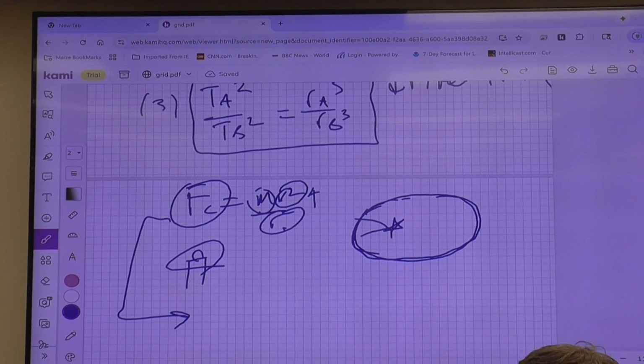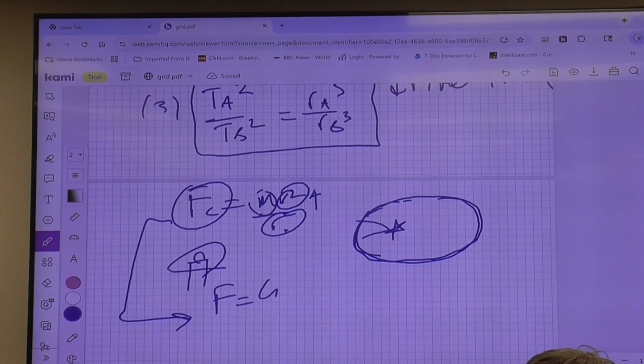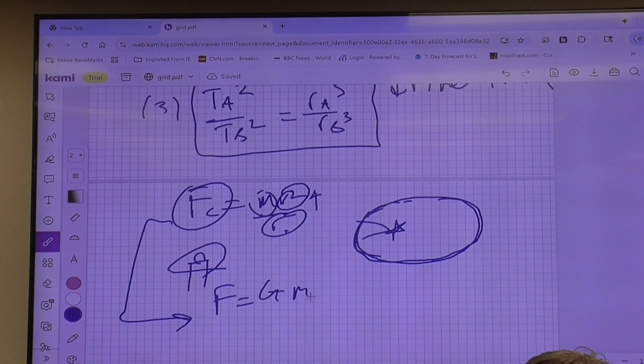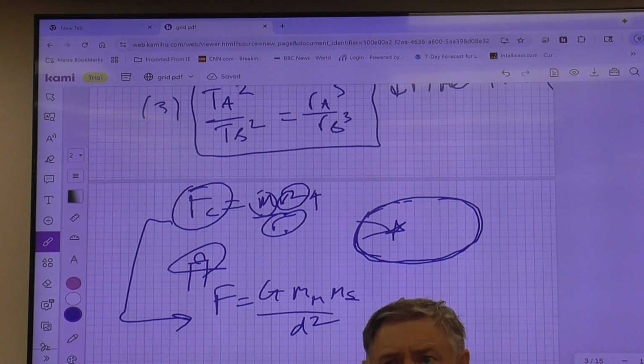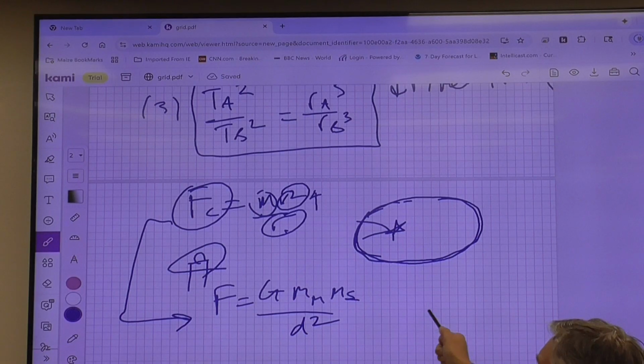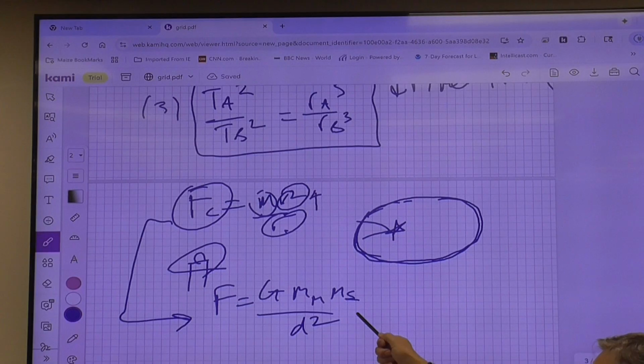So that gravitational force is going to be big G, mass of Mars, mass of the sun, over distance squared. Cool. What happens to the top part of that equation through its orbit? Do not make this difficult. Does the top part of that equation, big G, mass of Mars, mass of the sun, change as it goes through its orbit? No, there's no change.